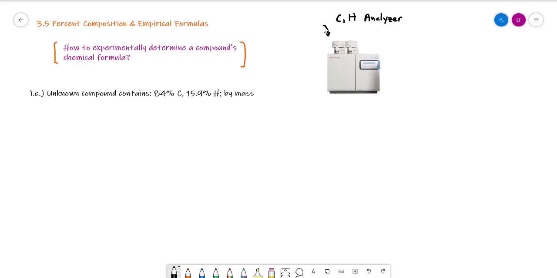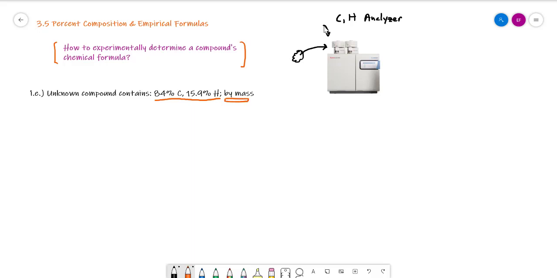What we can do is take a tiny, tiny bit of the sample, and we know its mass exactly, maybe to 6 significant figures. We load it into this thing and we combust it. And after that combustion, we'll get some result that might look something like this. It tells us, well, your unknown white substance was 84% carbon and 15.9% hydrogen by mass.